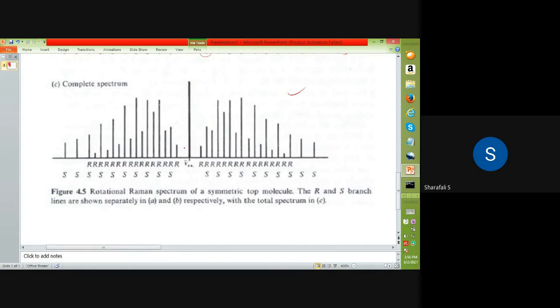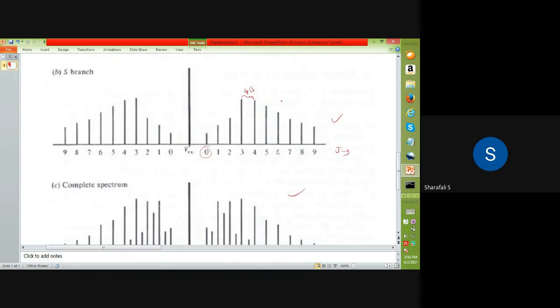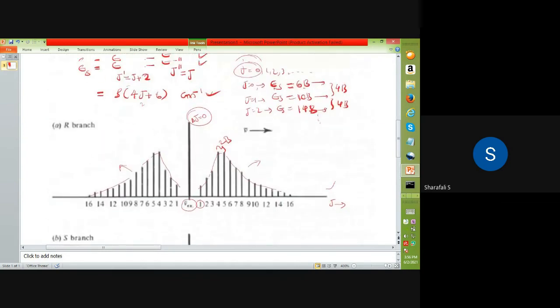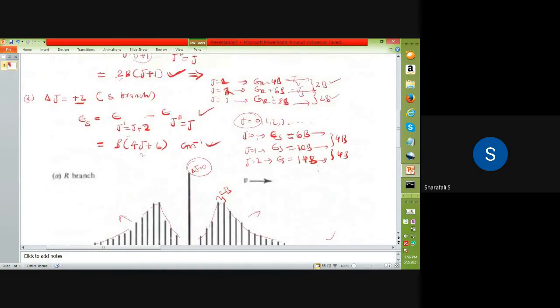Okay. So also remember that when you consider 2B separation between each of the lines in the case of the R branch, if you are considering the S branch, we have the first line at... sorry, in case of the R branch, we have the first line at 4B, okay?